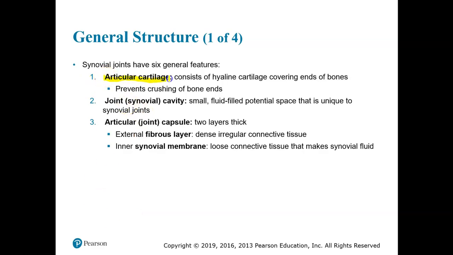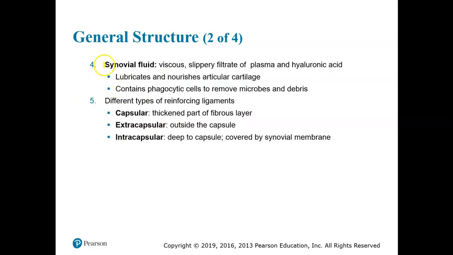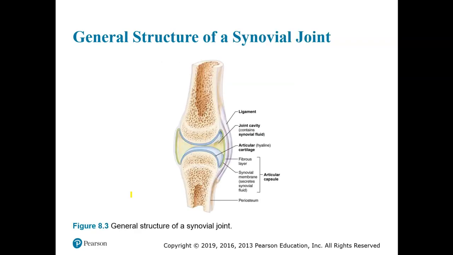They have cartilage lining the articular surface of their bones, called articular cartilage. They have a synovial or joint cavity. They have a joint capsule, which contains an inner membrane called the synovial membrane, which produces synovial fluid. Synovial fluid is for lubrication primarily. It is viscous, meaning it's thick, and it contains hyaluronic acid. And they have nerves and blood vessels.